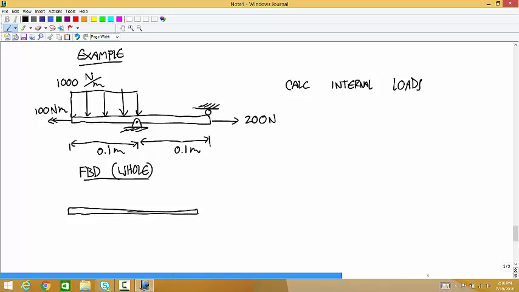At the middle, that pin joint produces a full force vector. I'll call that RA. And the roller at the right end applies a force down. I'll call that RB. And then there's the 200 Newton force over here, and the couple about the x-axis over here. And then what's the total point force applied by this distributed load on the left?